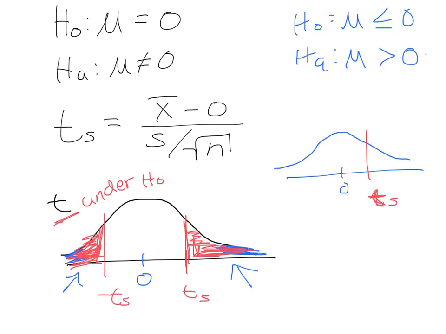So here's 0. Being extreme depends on what the alternative hypothesis is. In this case, being really greater than 0 makes you extreme. So the probability that we're in this tail over here, that's what the p-value is in that case.